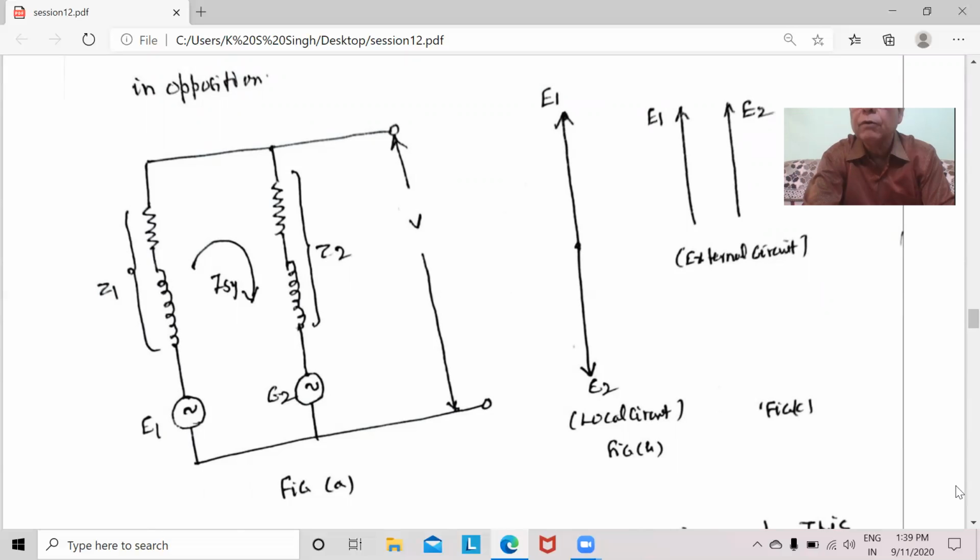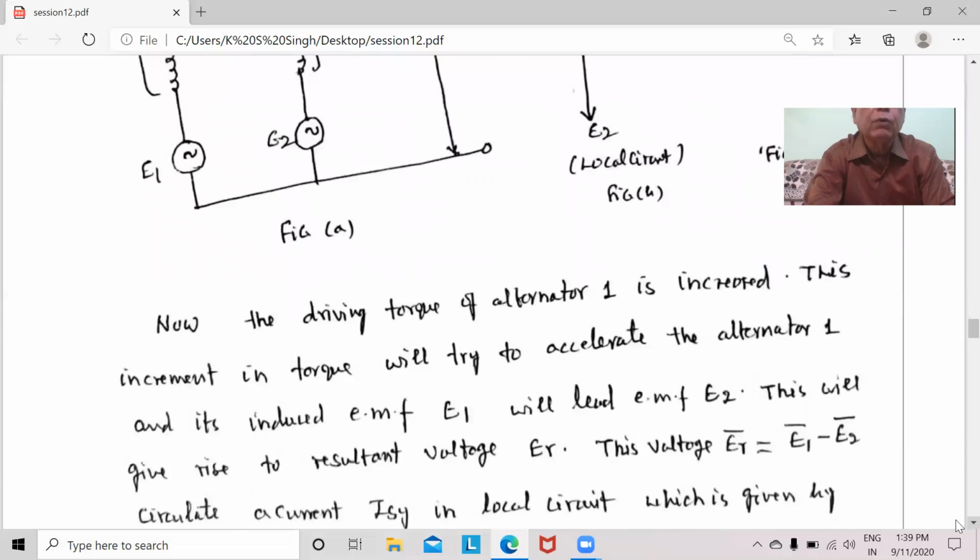Now what will happen when the driving torque of alternator 1 is increased? This increment in torque will try to accelerate alternator 1, and its induced EMF E1 will lead EMF E2.